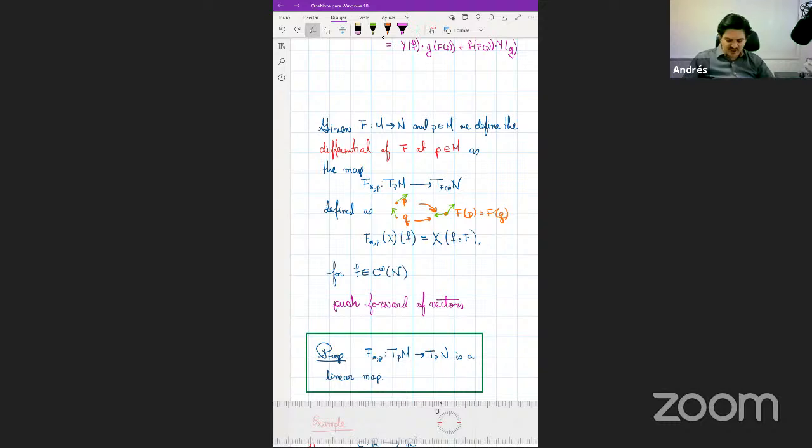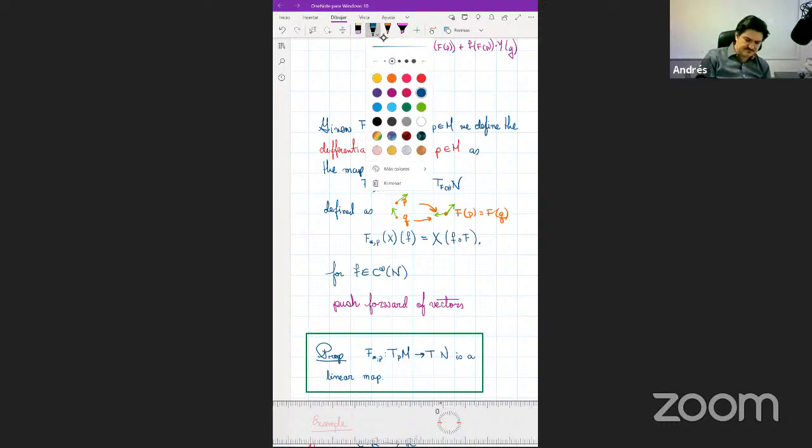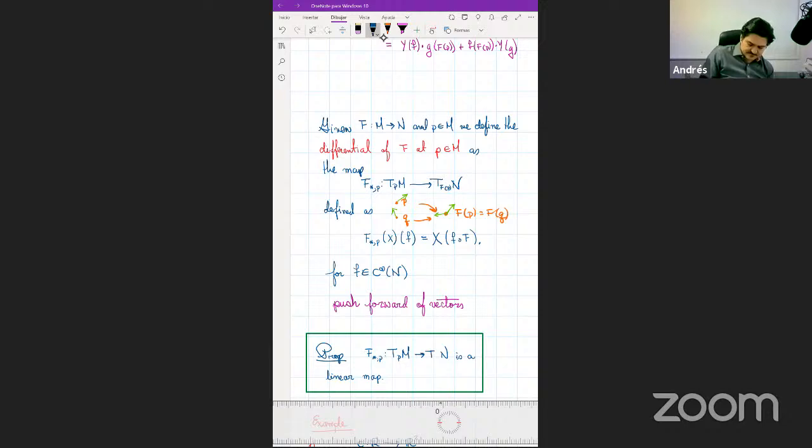Which is the differential at the point. Okay, so, there's a typo here, it should be f of P. So at every point in M, I have a linear map, which is the differential.